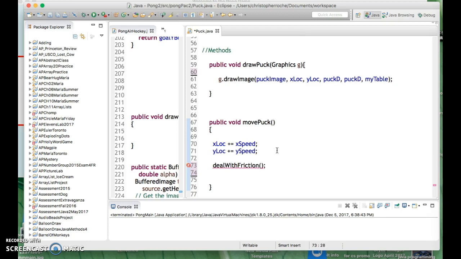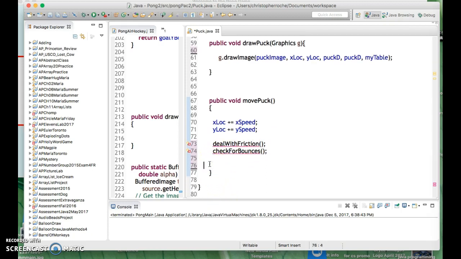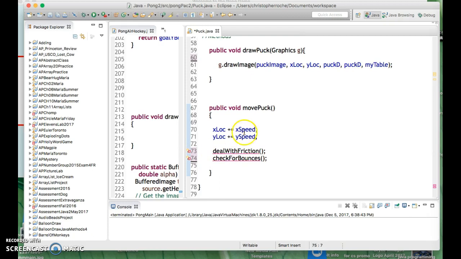Okay, and then check for bounces. That's what I want us to do. In doing this, I want to keep the move puck routine relatively clean, so you can understand what's happening.